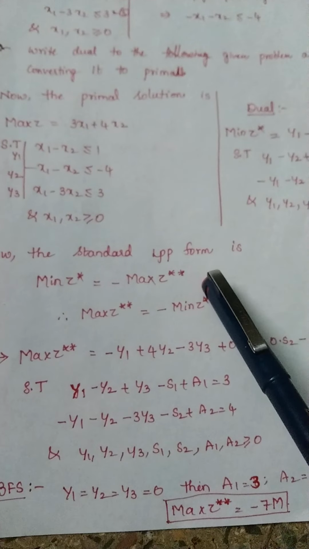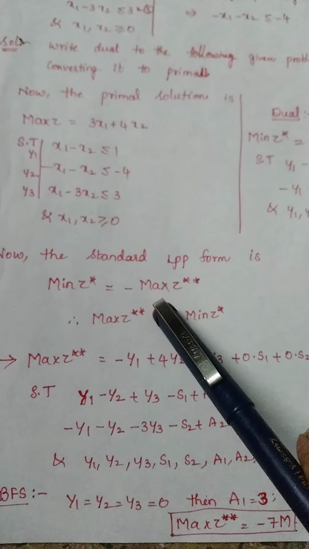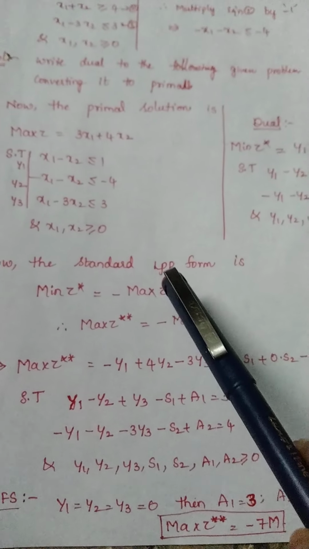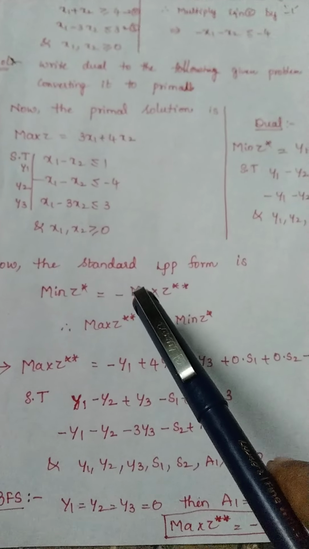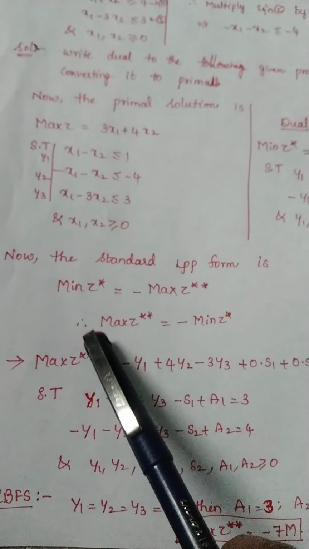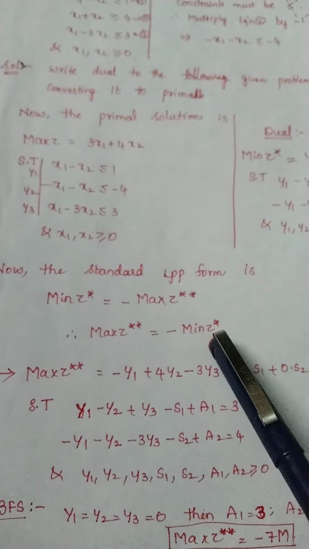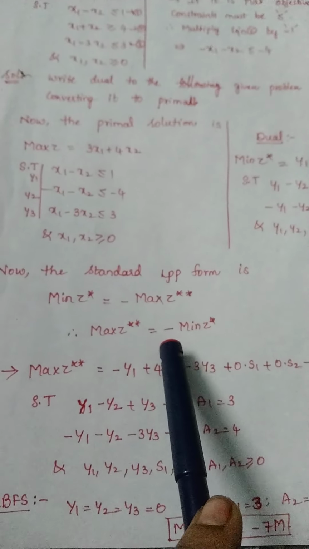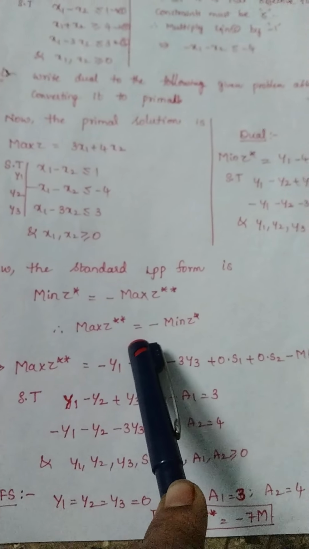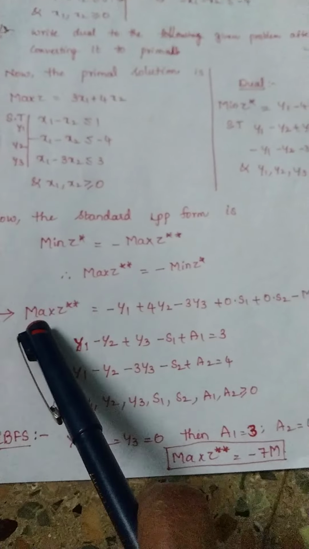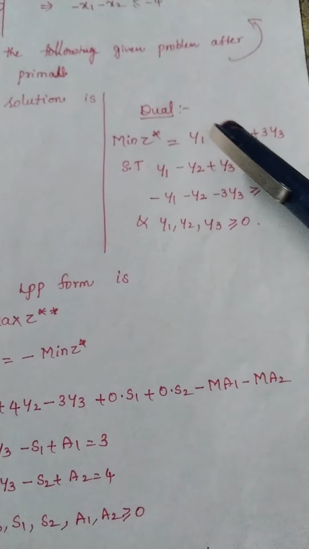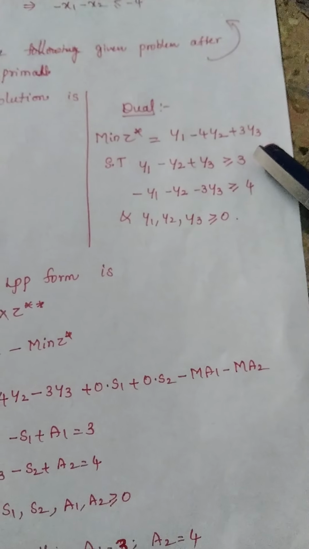We multiply that maximum z double star by minus. Therefore, maximum z double star will become minus minimum z star. So whatever objective function is there for minimum z star will be multiplied by minus 1. Now, maximum z double star equals minus y1 plus 4y2 minus 3y3.